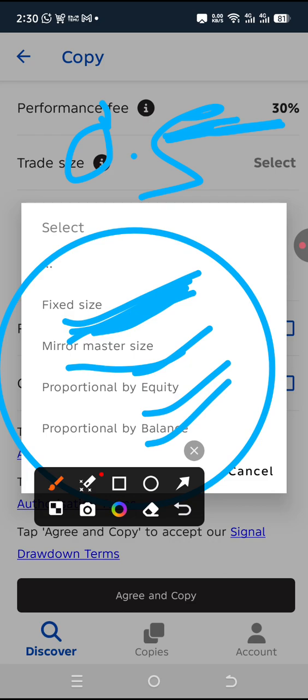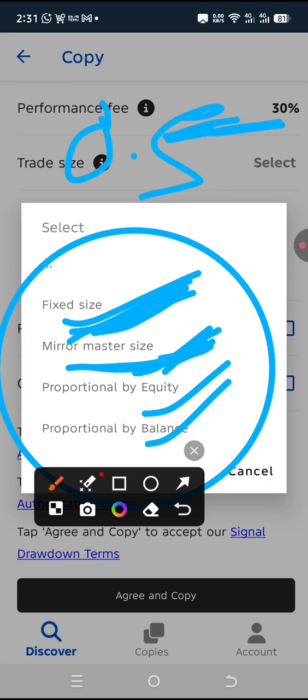So mirror master size simply means that whatever size that master is using is what you would use. But you can also trade in percentage. Like I can decide to say that I want to trade 0.5 of whatever he is using. That means half of what he is using is what you want to use. Or you can also say that I want to use times 2 of what he is using. You can do 0.1 of what he is using and so on.